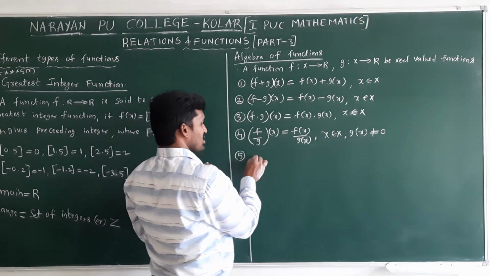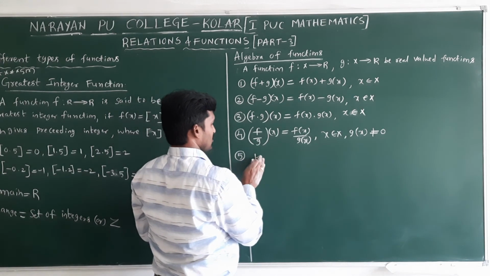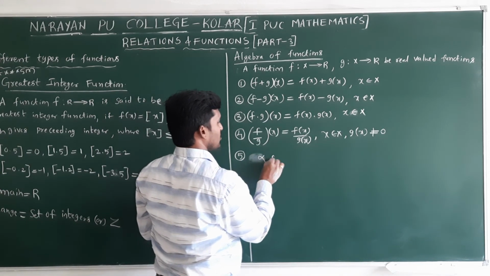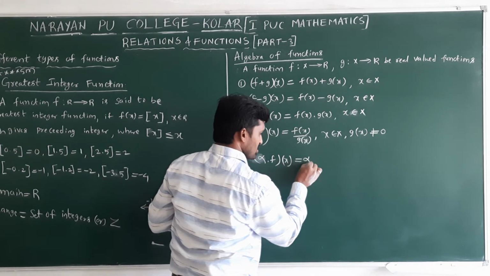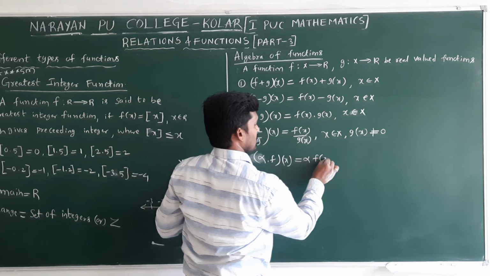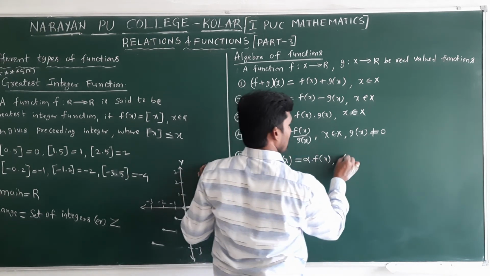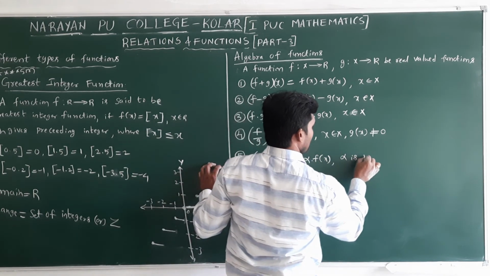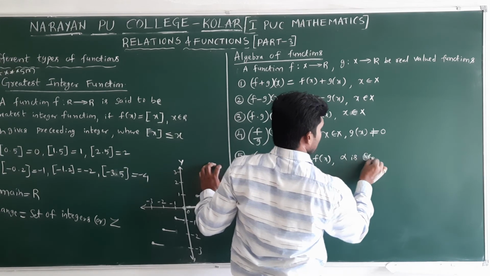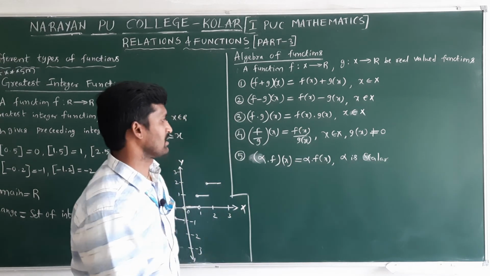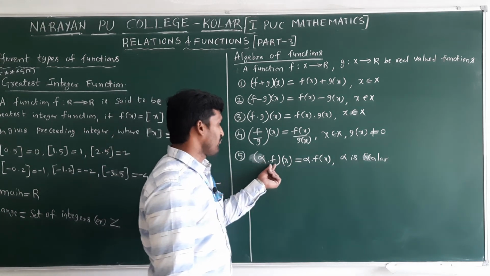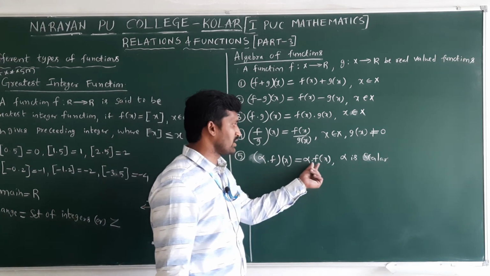And for example, any constant k, some alpha into f of x. Alpha is a constant, a scalar I can take. Scalar means a non-zero real number. Clear? So alpha into f of x.